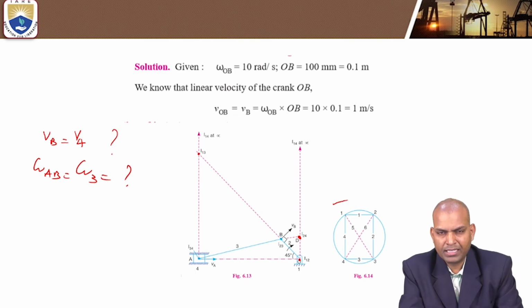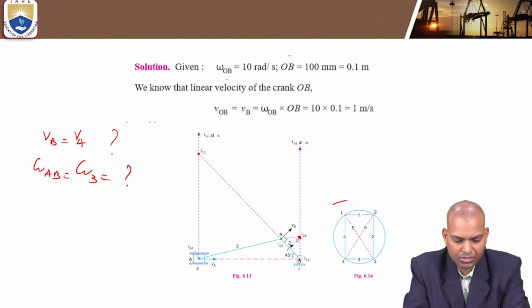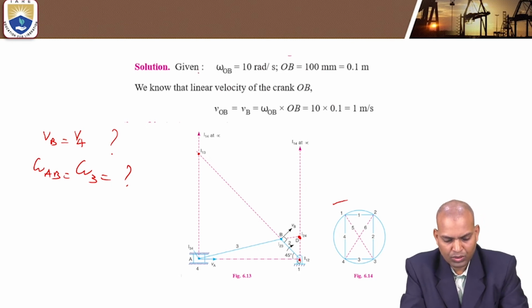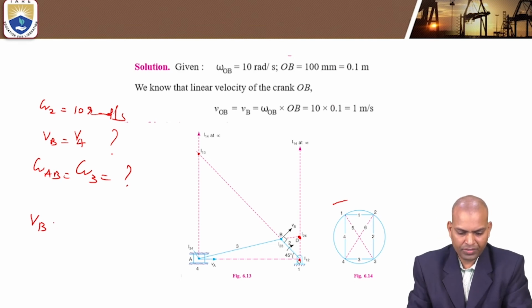From the given data, they have given the crank angular velocity, omega 2, of link 2. That omega 2 equals 10 radians per second. Now from this, we want the linear velocity of the slider.